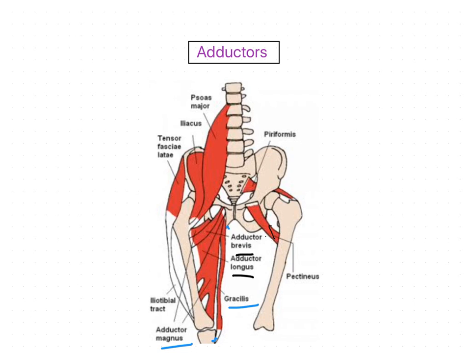But here we have to consider that all these adductors will have some function in medial and lateral rotation, and the activity of the group of muscles we cannot ignore.